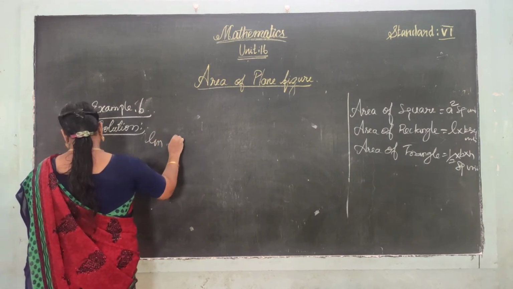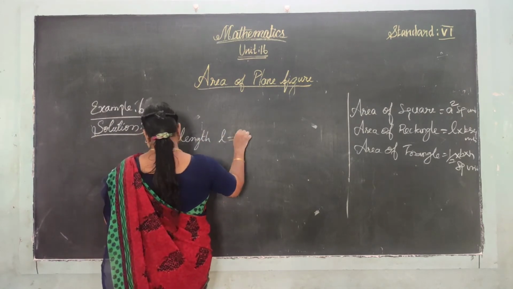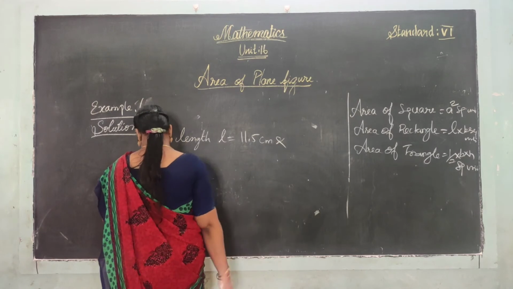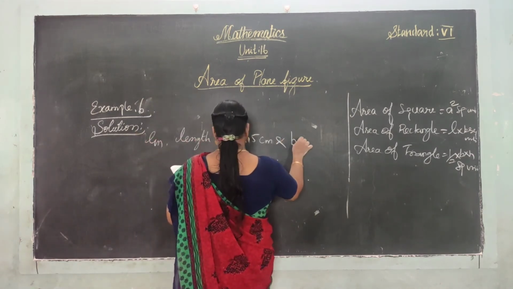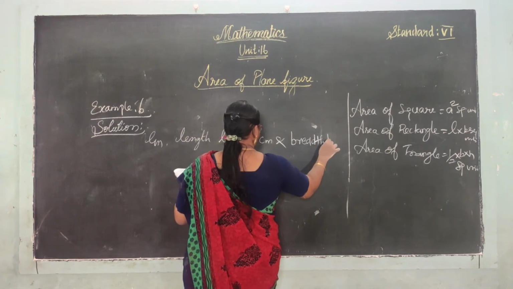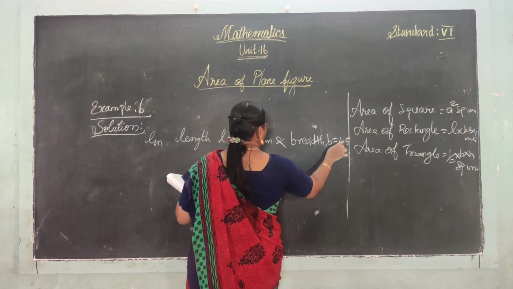Given length L is equal to 11.5 centimeter and breadth B is equal to 4.5 centimeter.